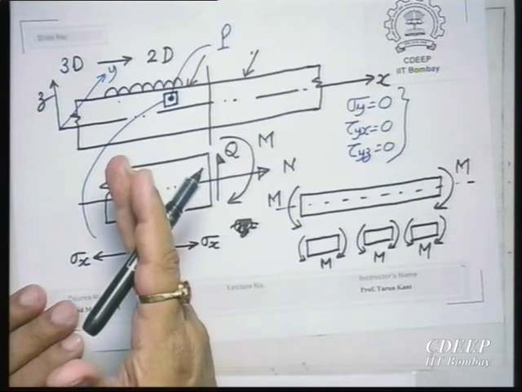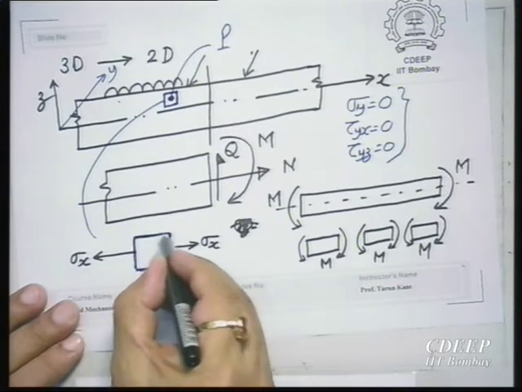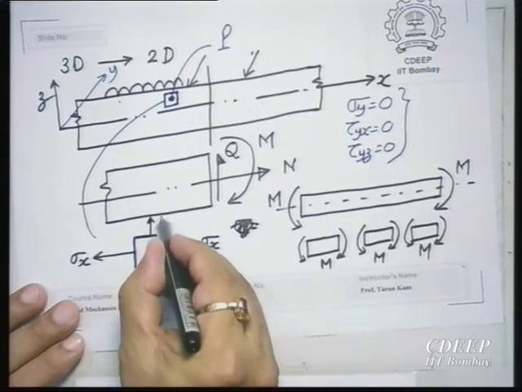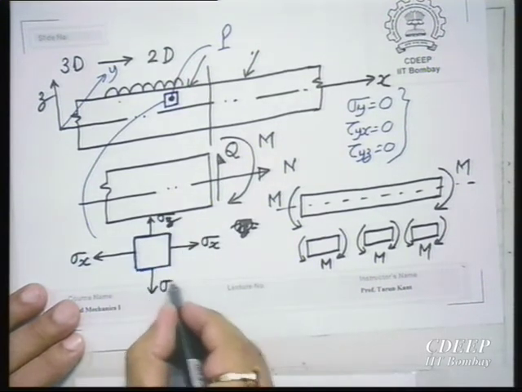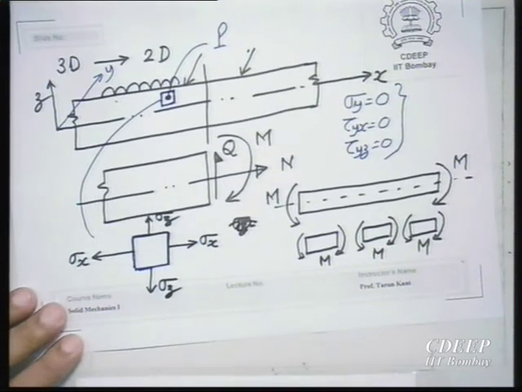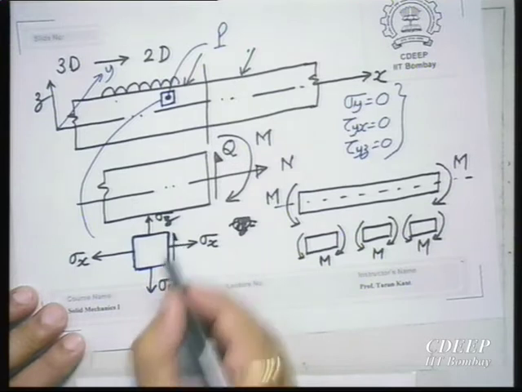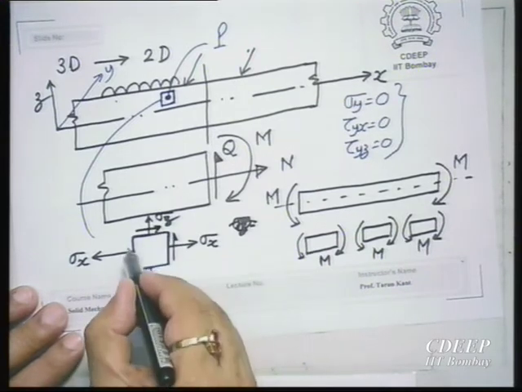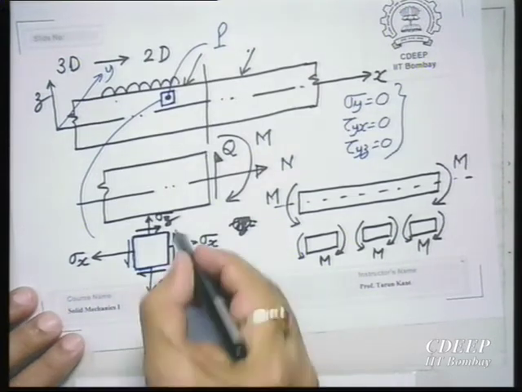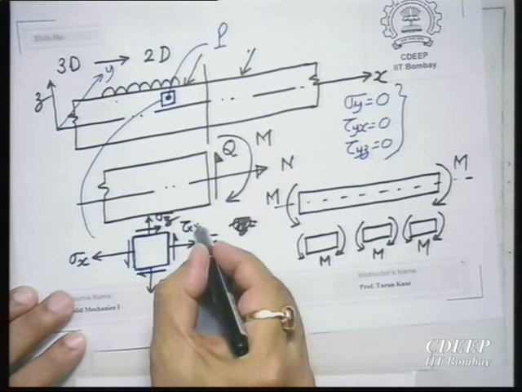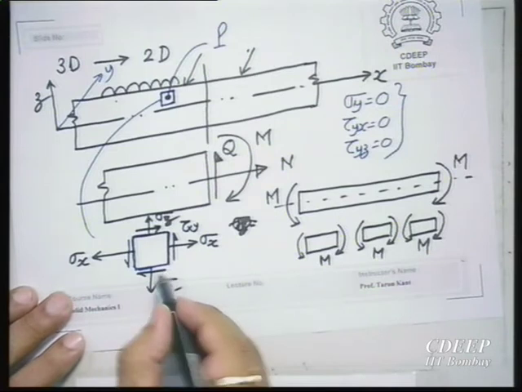Similarly, on z plane, yes, there will be sigma z. Then on this face, the shear stress that is there is tau xy, and similarly tau yx, and then tau xy and tau yx, this will be present.